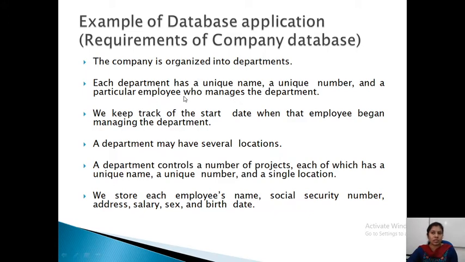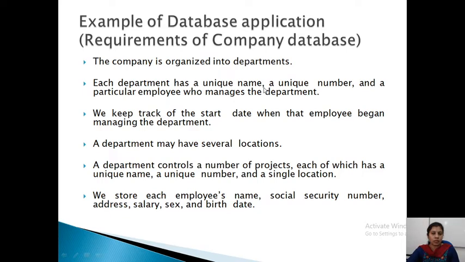Now what they have mentioned: each department has a unique name, unique number and a particular employee who manages that department. So these are the properties which describe this department entity type. What are the attributes of department then?